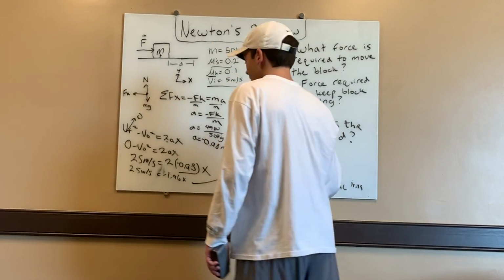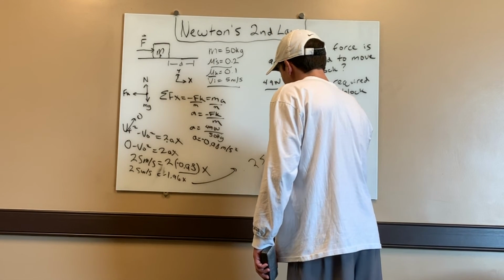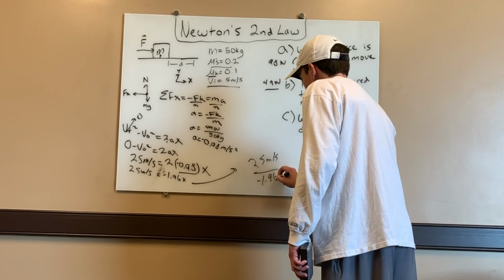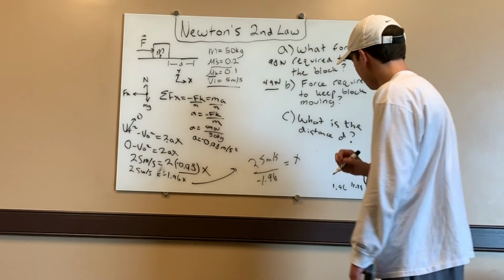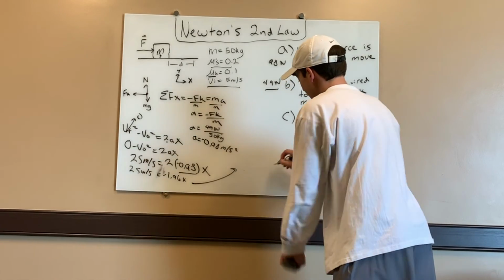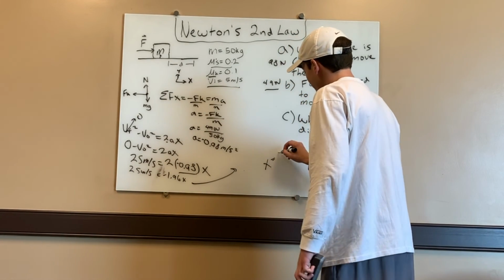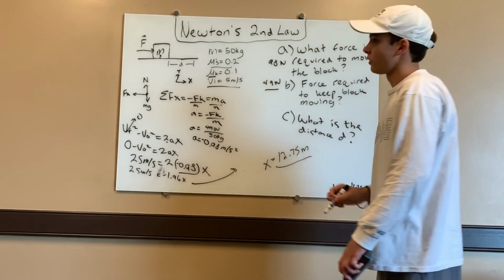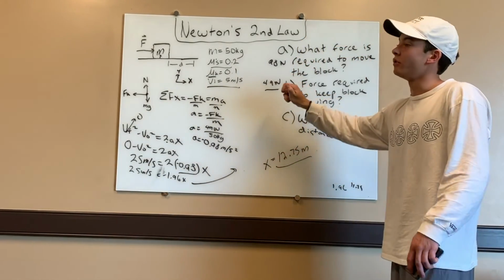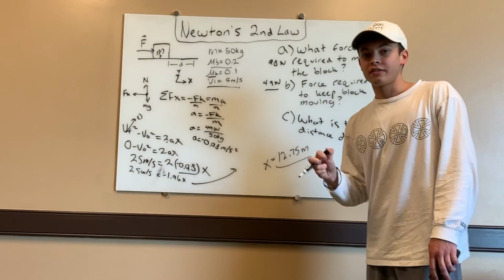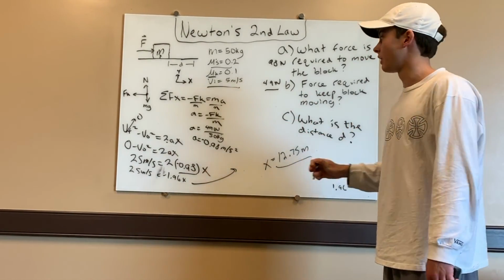We have 25 divided by negative 1.96, and that equals our x. In doing this calculation, we find that our x is 12.75 meters. So after this 49 newton force is applied to our mass, it will go 12.75 meters before it completely comes to rest.